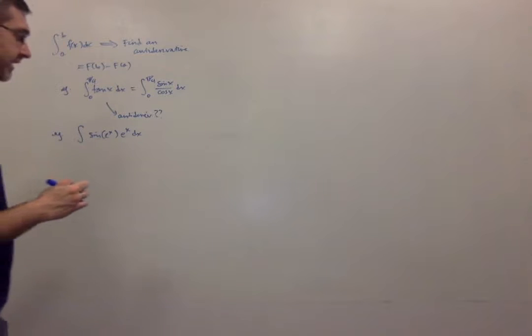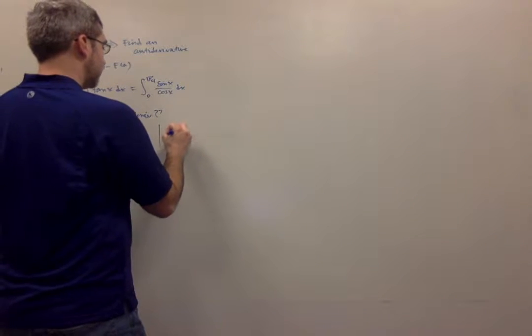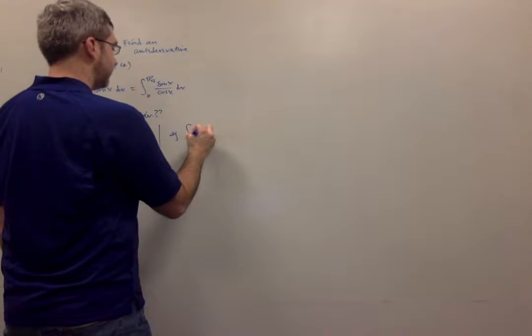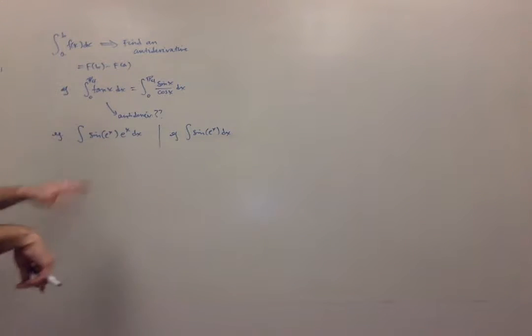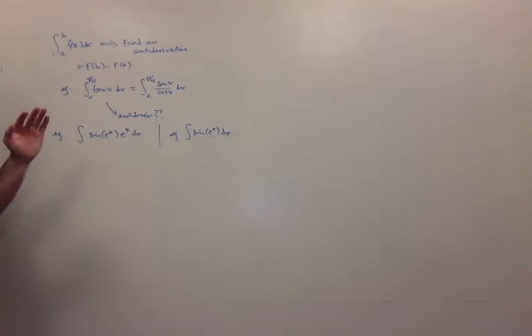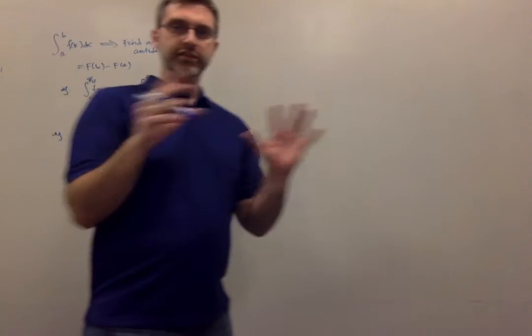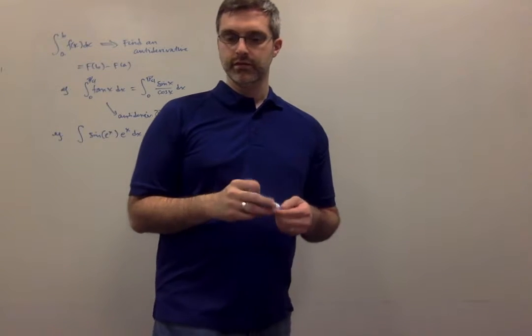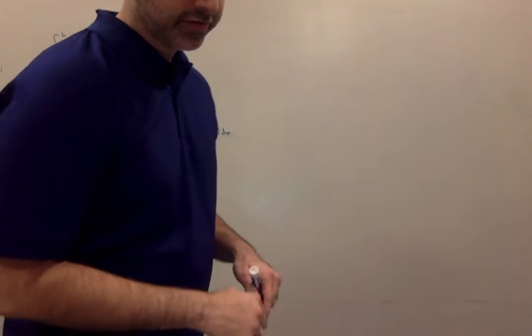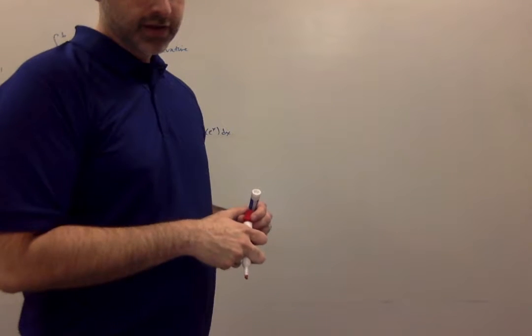That one actually had a nice antiderivative. But sine of e to the x does not have a nice antiderivative. And the difference here is that this one is set up to be the result of differentiation. It's set up to be kind of a reverse of one of our rules.